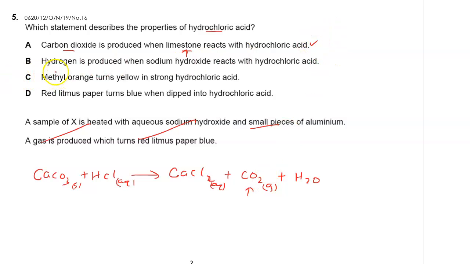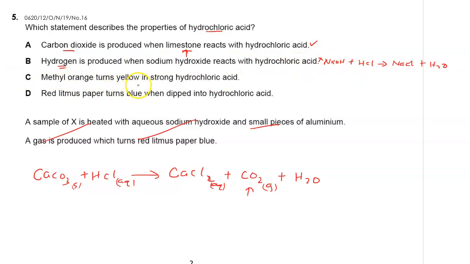But let's look also at the other choices. Hydrogen is produced when sodium hydroxide reacts with hydrochloric acid. This does not seem to be correct, because this is a neutralization reaction. When sodium hydroxide reacts with HCl, the products are only salt and water, sodium chloride plus water. So there is no hydrogen produced there, so this is not correct.